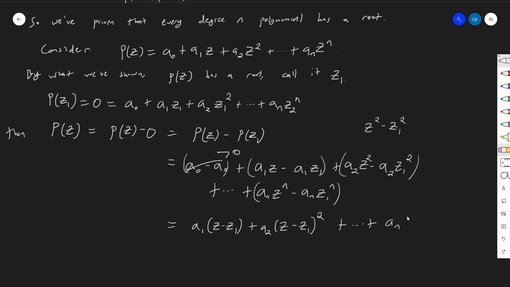And I'm just going to say plus stuff times z minus z1 to the n. In principle this is right, you know. In principle, you factor out the z minus z1, and then what you get is a polynomial of one less degree.